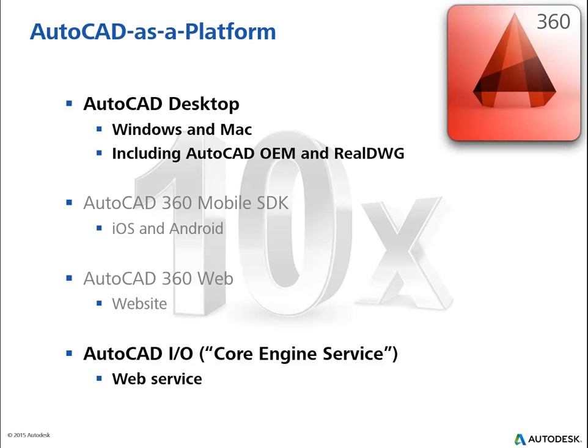We also have AutoCAD I/O, which was before known as Core Engine Service, but we are renaming that to AutoCAD I/O. This is basically a web service where we can call AutoCAD and run some commands and batch processing.